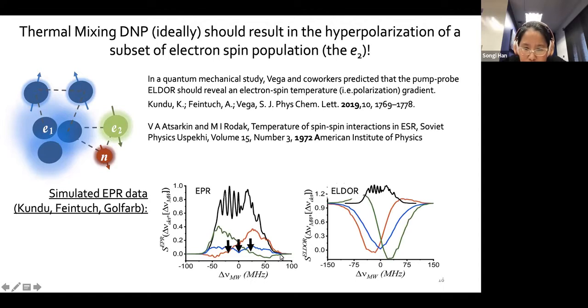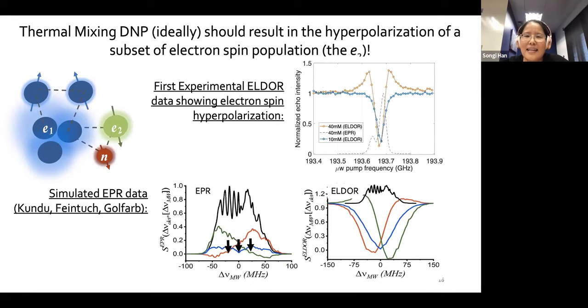This would be the green one, okay? You kind of see the type of EPR spectrum that I've shown just before. And the ELDOR profile shows you this hump up. You excite, but you see an enhanced intensity. This is hyperpolarized electron spin. Can we see that? So this was the final nail that we needed to prove it.